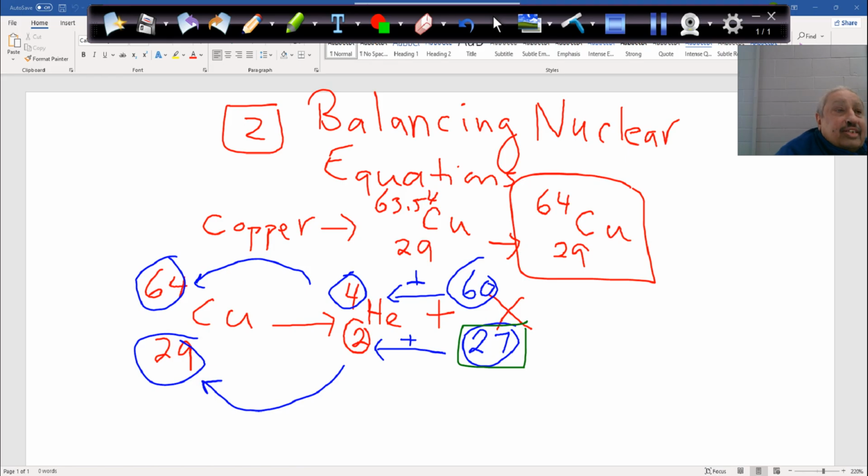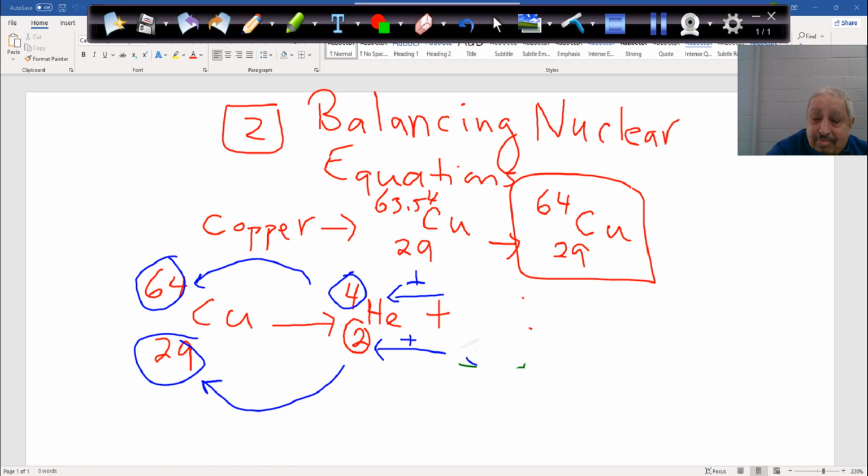Therefore, we can recognize our element by the atomic number. So 27. Now copper is 29. We went down to 27. So what is element 27? Cobalt.